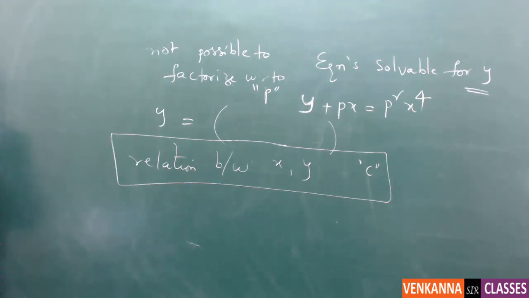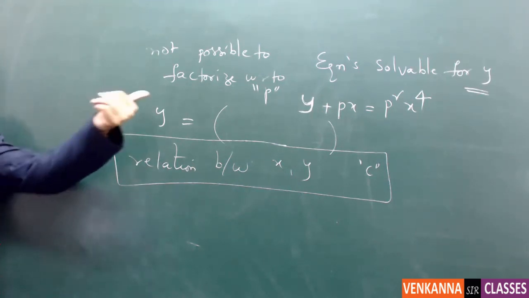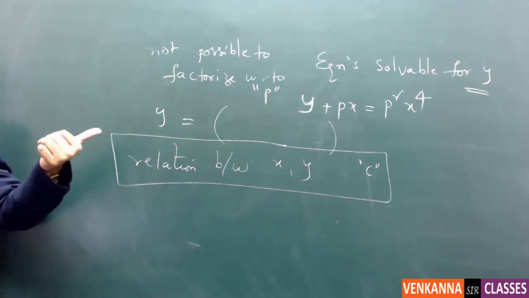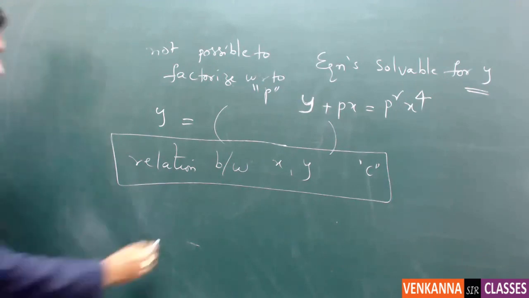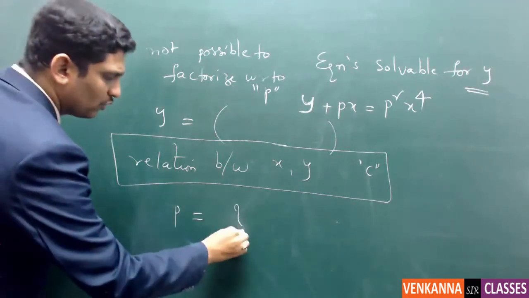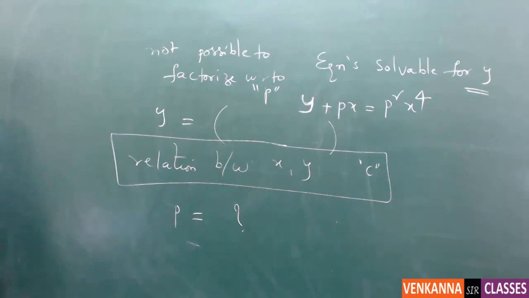So, first of all, on doing differentiation and making the factors, we are going to find a value for p. p is equal to something. Let me say p is equal to cx, p is equal to c by y, like that. Since it is represented as y is equal to something, we are going to get the answer as p equal to c into x, c by x, c root x, like that.